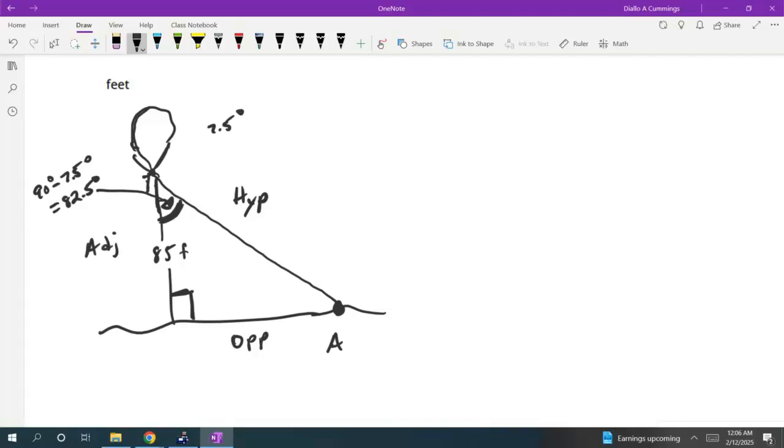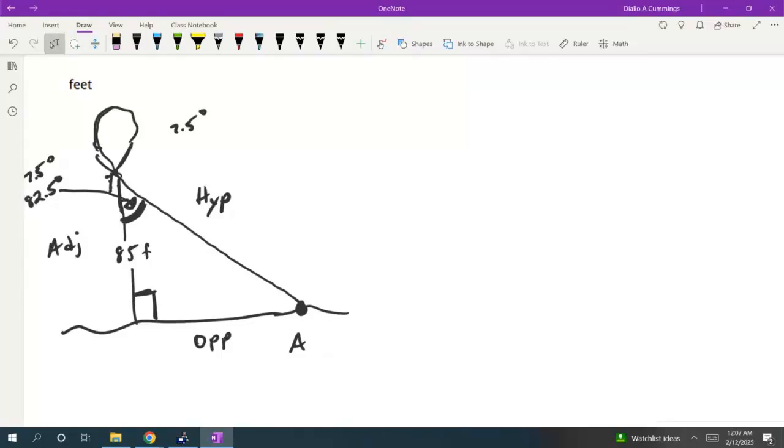And lastly, we have the adjacent. We're trying to find the hypotenuse. We're given the angle measure. We're given the adjacent side. From our slogan, SOH CAH TOA, the adjacent and the hypotenuse produce a cosine function.